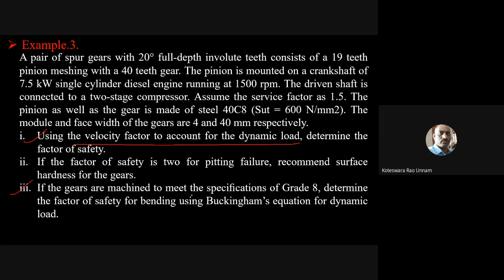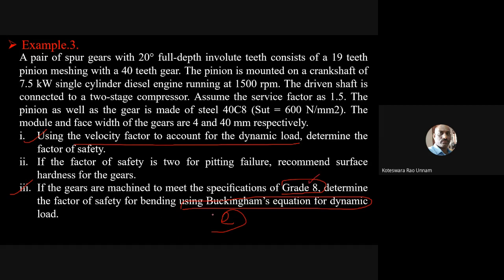But in the third part of the problem, he asked us not to use the velocity factor approach while calculating the dynamic load. You need to use the Buckingham equation. He has given grade 8, so you need to calculate the error E in Buckingham's equation. To calculate this E, you require grade 8. That's why he mentioned it.